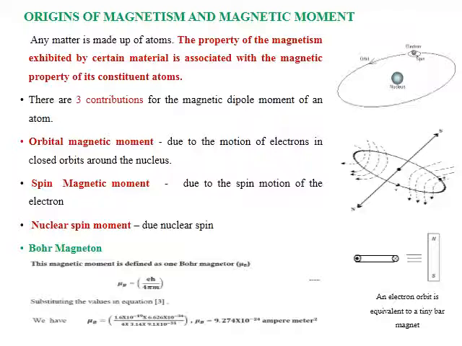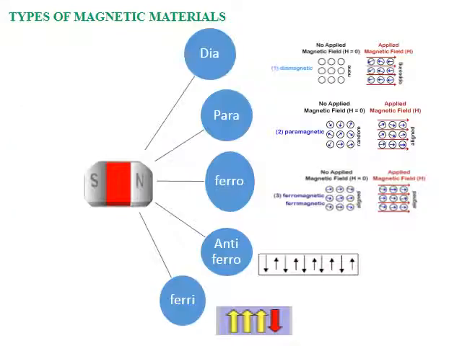So each electronic orbit in an atom can be imagined as a tiny bar magnet, and this is called a magnetic dipole. Next.